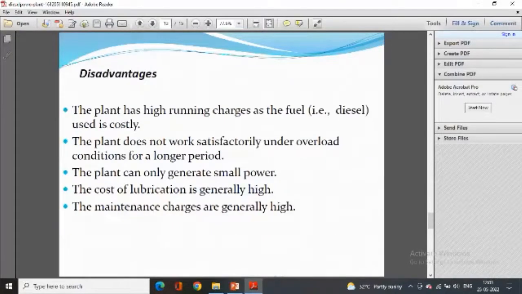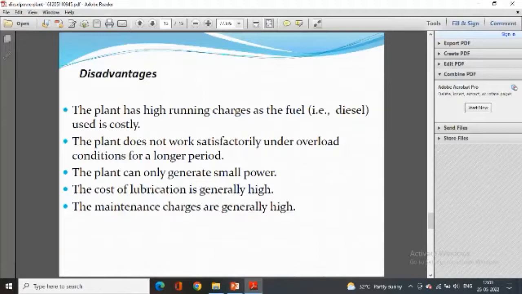Next, disadvantages of diesel power plant. The plant has high running charges as the fuel, that is diesel, used is costly. We know the cost of diesel is increasing day by day. At present, the diesel cost is near about 100 rupees.